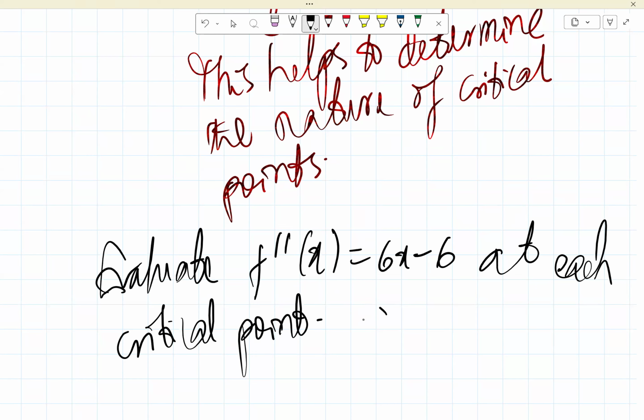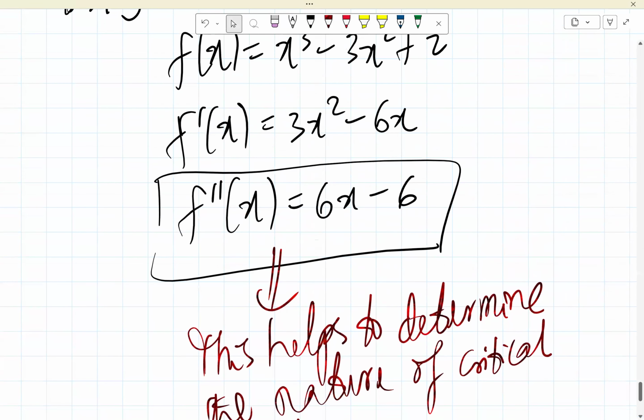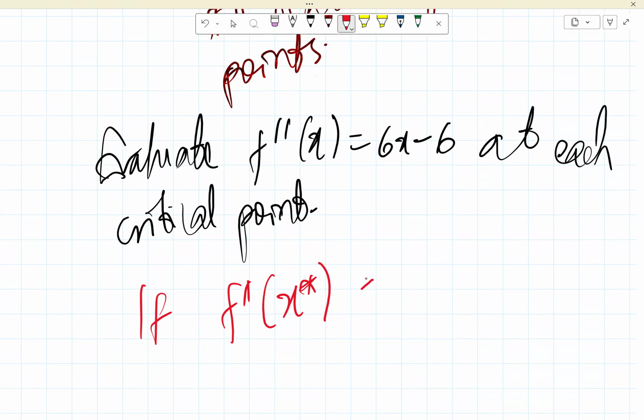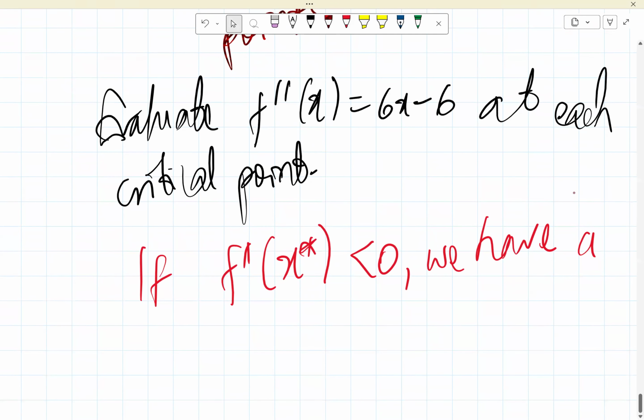If f prime prime of x star, the critical point, is less than 0, we have a maximum point.